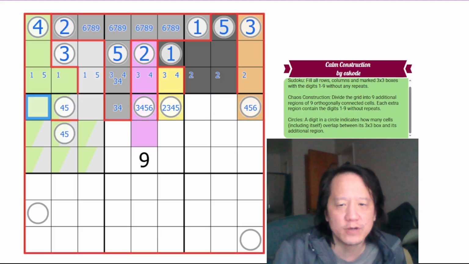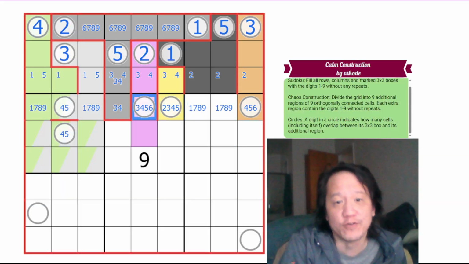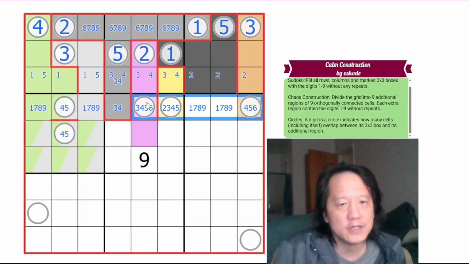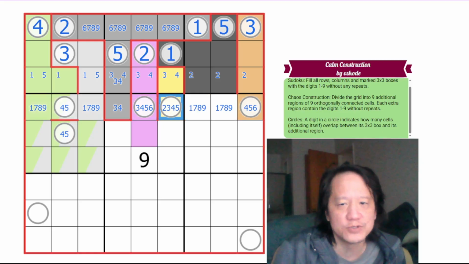So we have what, 1, 7, 8, 9 remaining. We have a 3, 4, 5, 6 quintuplet in row 4. So that eliminates 3 through 6 in the rest of the row, so this can't be 3 through 6.